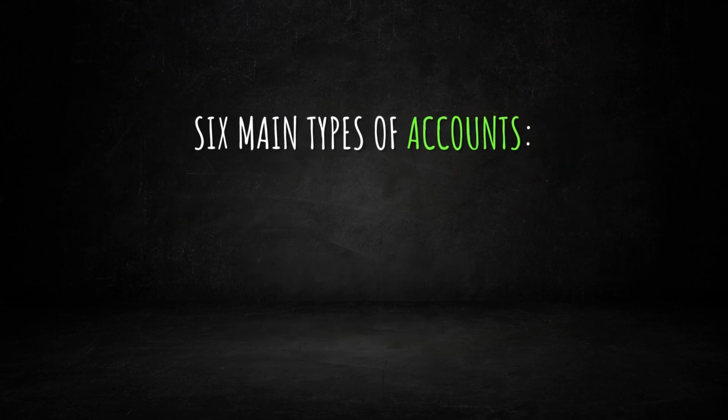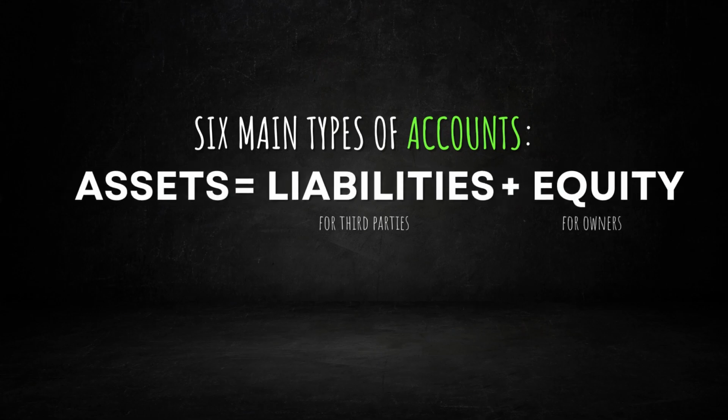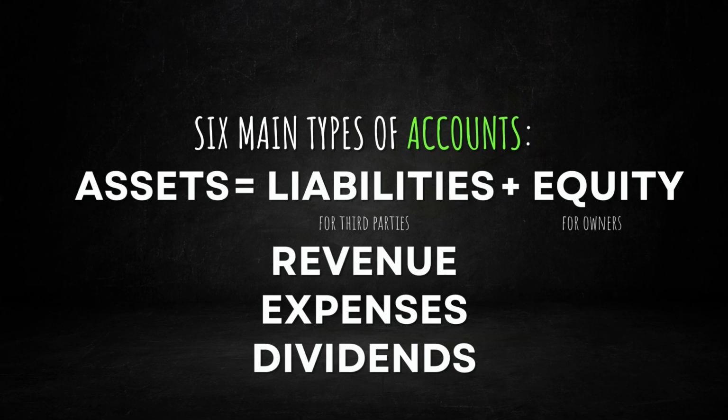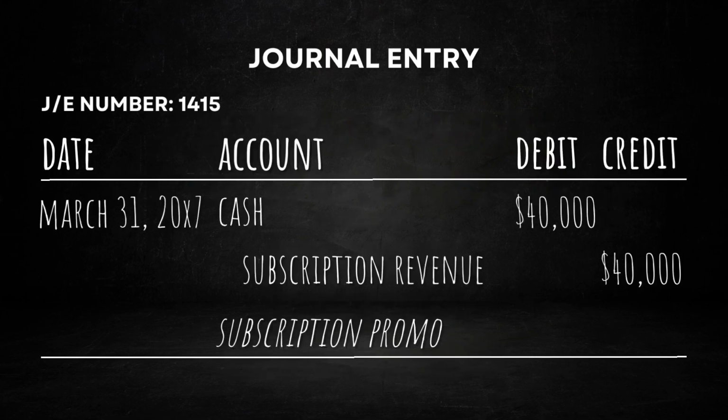There are 6 main types of accounts: assets, liabilities, equity, revenue, expenses, and dividends. Each account is used to record and categorize transactions that affect a related group of items. By posting the journal entry to the general ledger and updating the relevant accounts, you ensure that your financial records are organized and accurate, providing a solid foundation for financial analysis and decision-making.